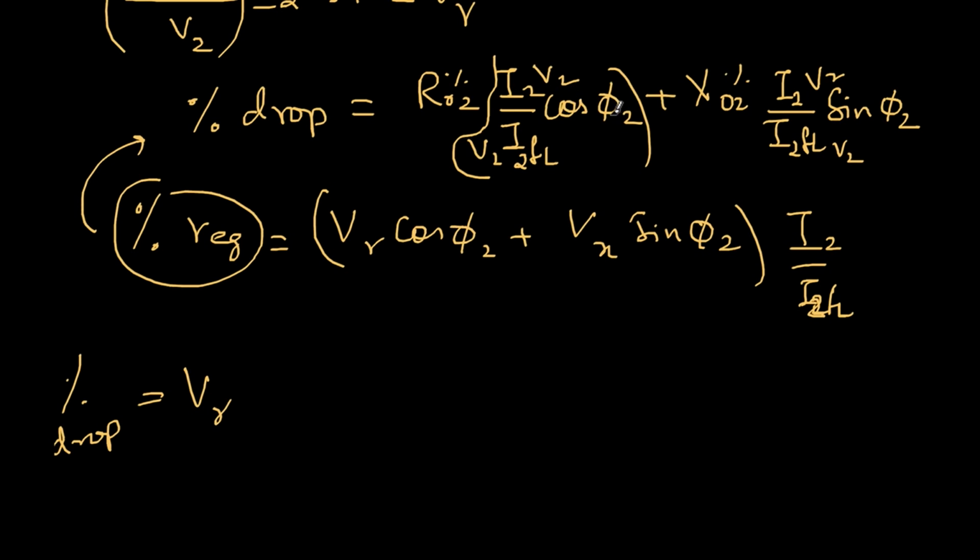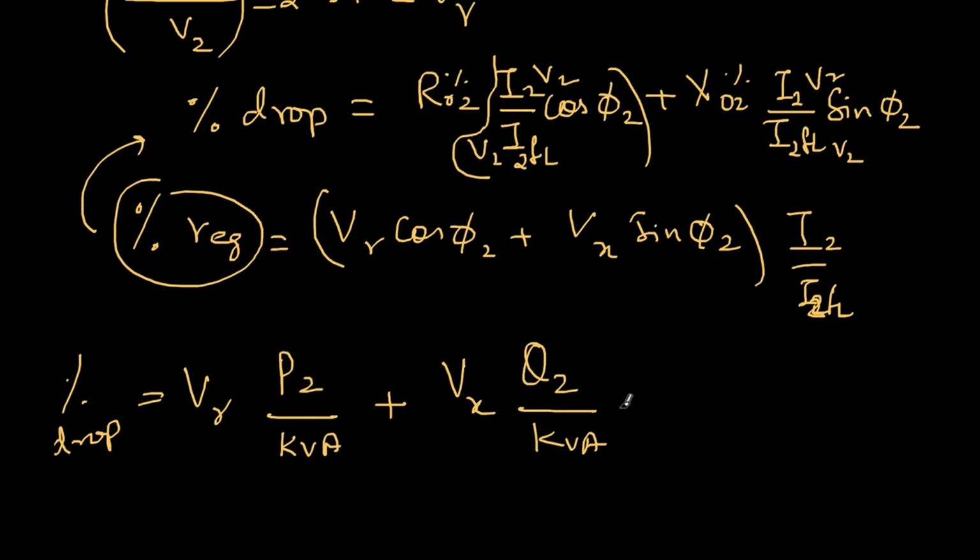I2 V2 cos phi 2, which is nothing but P2, divided by V2 into I2 at full load, which is nothing but the kVA full load. So the cos is gone now. Plus Vx into I2 V2 sine phi 2, which is Q2, the reactive power, divided by the kVA. Like this I'm getting it.